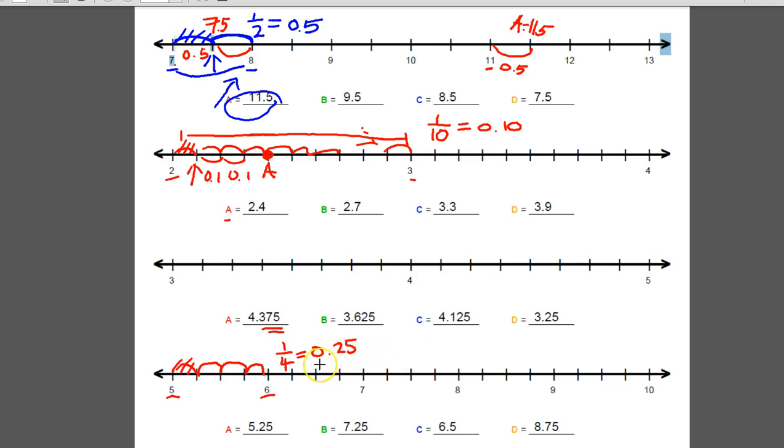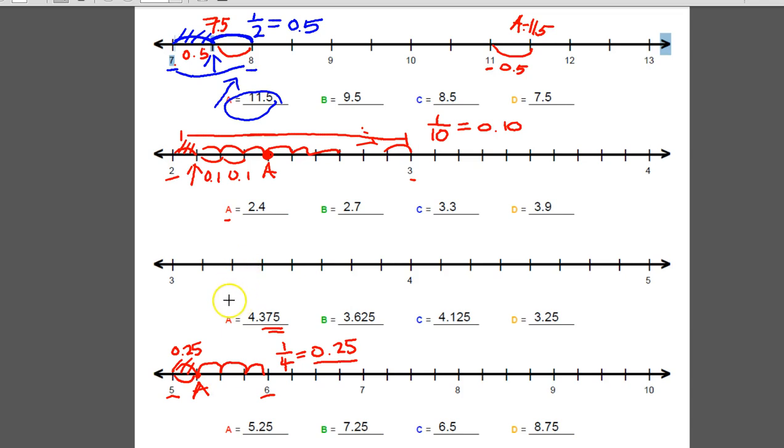To prove it, you can add up 0.25 four times and you're going to get 1. So each of these gaps has a value of 0.25. So the first gap will be 5.25, and that will be the point A.